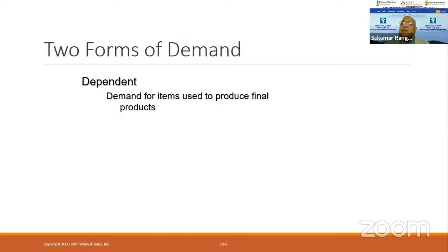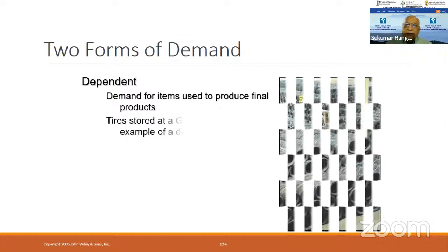So what items are needed for production of those are also clearly known. So the demand for all those items, from the suppliers to the stores to work in process, is dependent on the demand which has already been projected. It's as simple as that.